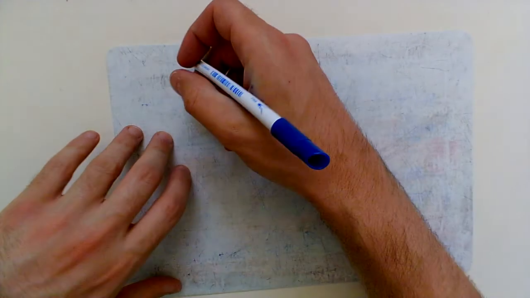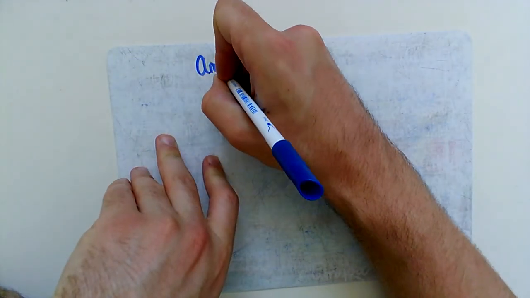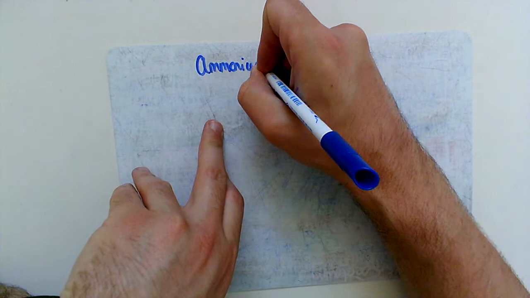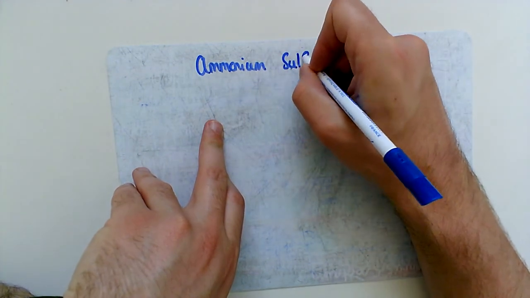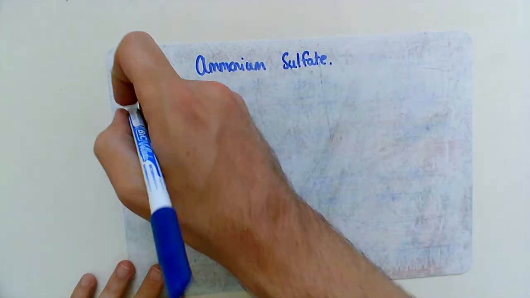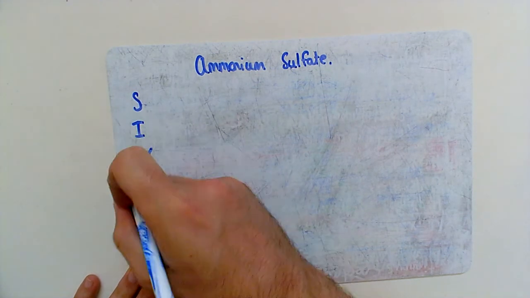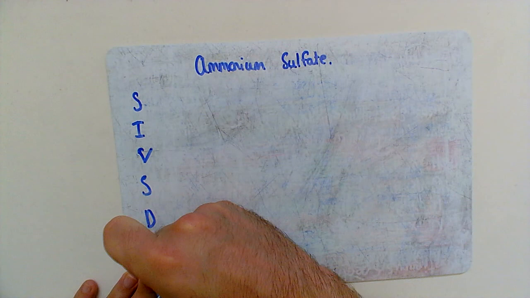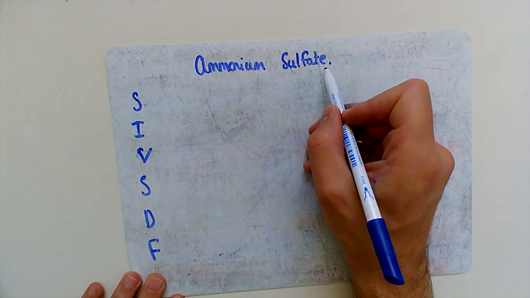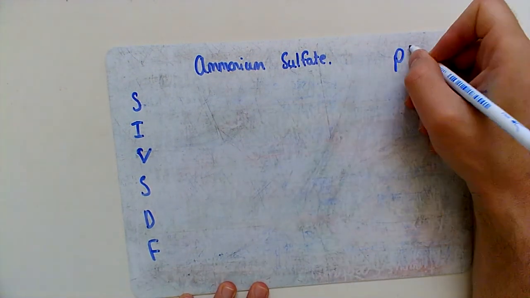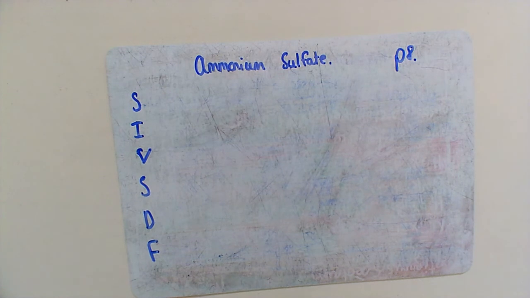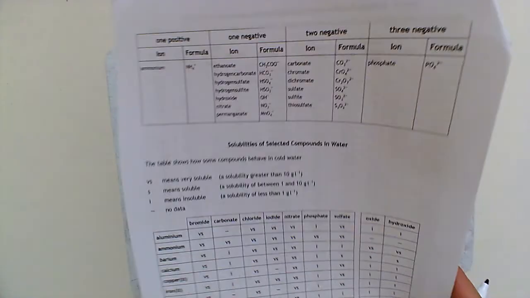The final example is going to be the most difficult one we'll do, and this is going to combine pretty much all the types together. We're going to do ammonium sulfate. Now, it's ammonium and it ends in ATE, so we need to use page 8 of the data booklet to get the symbols and the charges.